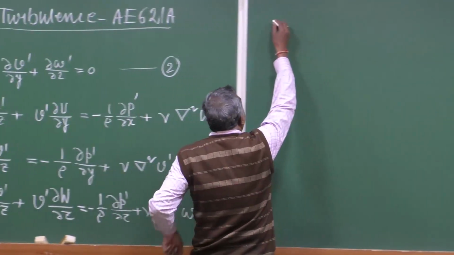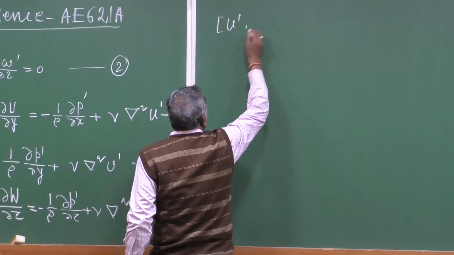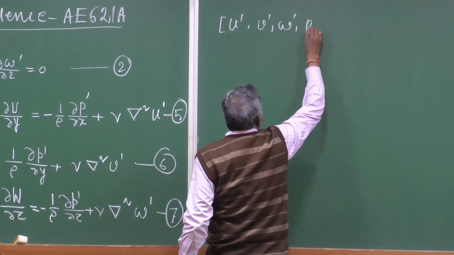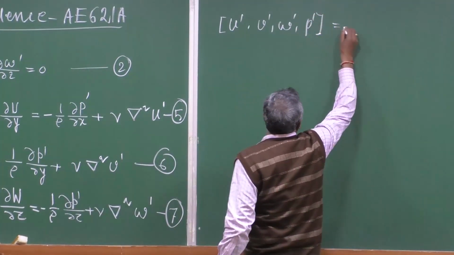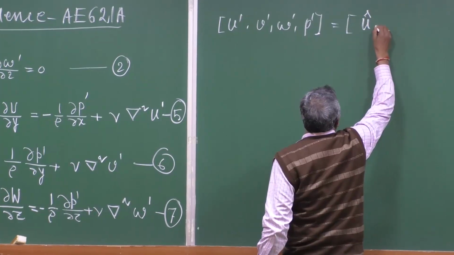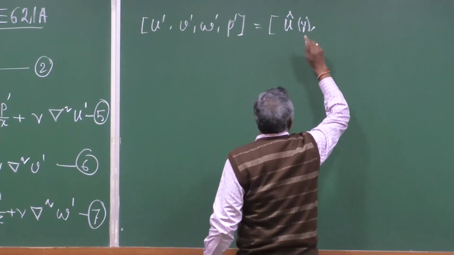In the last class, as you can remember, we wrote that u prime, v prime, w prime and p prime equal u hat, which is a function of y only. These are Fourier amplitudes, keep it in mind.